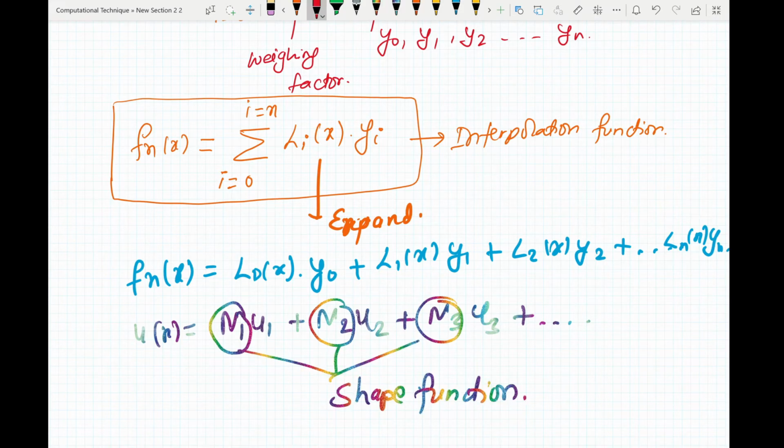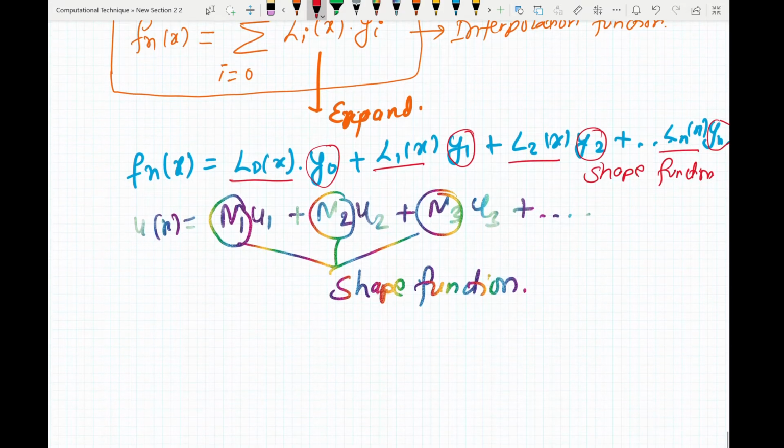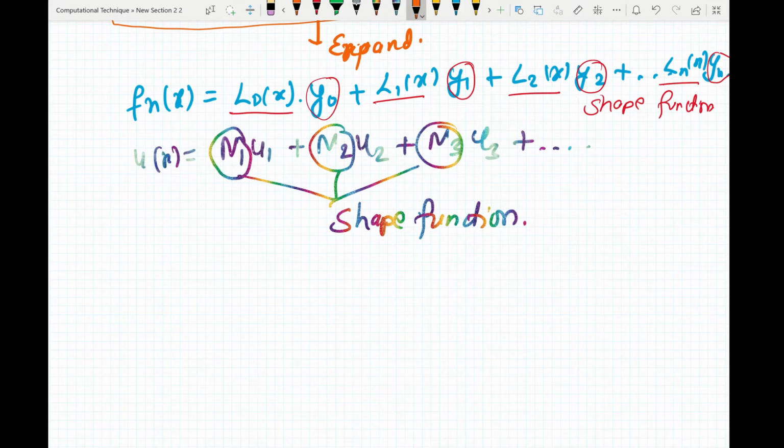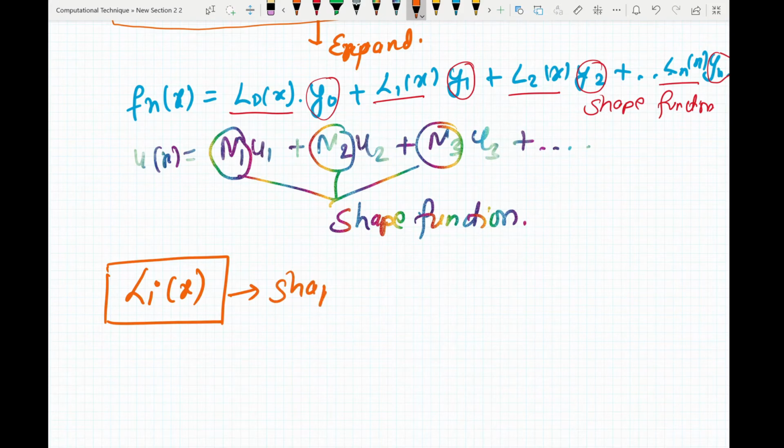If we compare these, you can see here that L0, L1, L2 and Ln will also be the shape functions, given that these ones are your nodal displacements. Therefore, what we are interested in here is only obtaining the Li of x, which is the shape function.